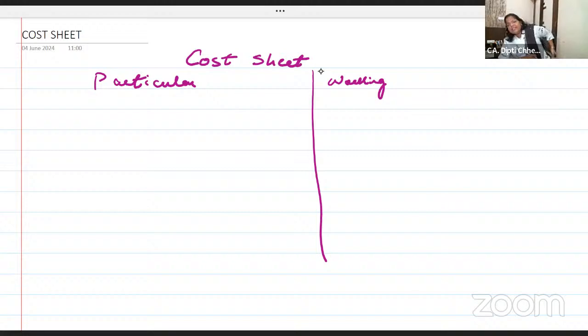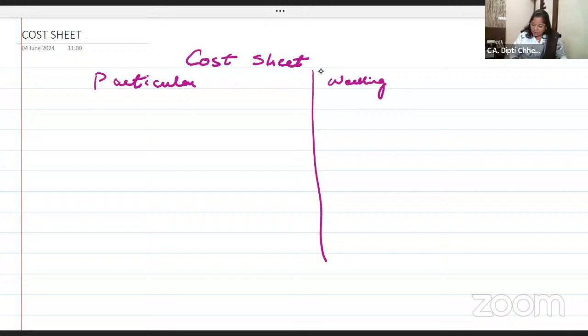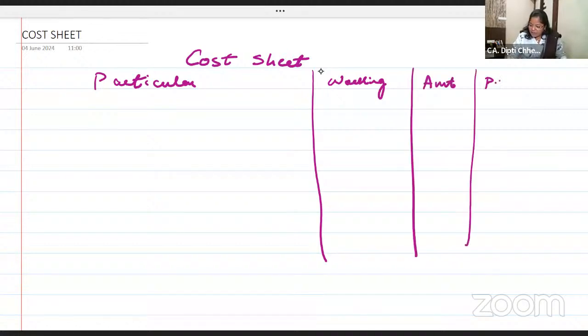Same way income tax also we write some working notes, but not required here. We will do the calculation right here. And the next column is amount, and the next column is per unit, or sometimes it's percentage. Either percentage is given or per unit is given, and the working.